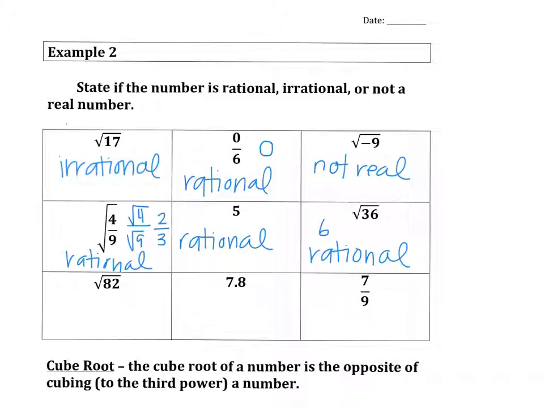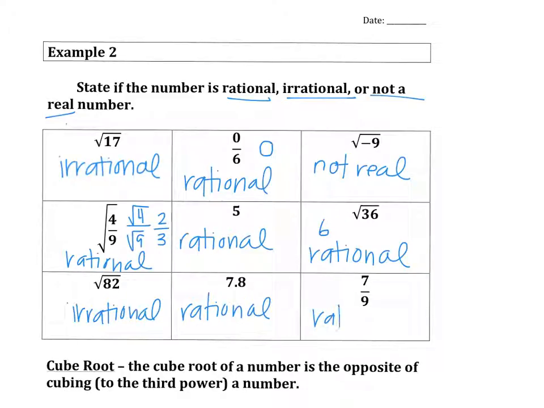Square root of 82, we don't know the square root of 82. So it falls in the irrational family. And they're just asking us for rational, irrational, or not real. 7.8 is a normal decimal, so that's rational. It also falls in the real family as well. And then 7/9 normal fraction, rational.